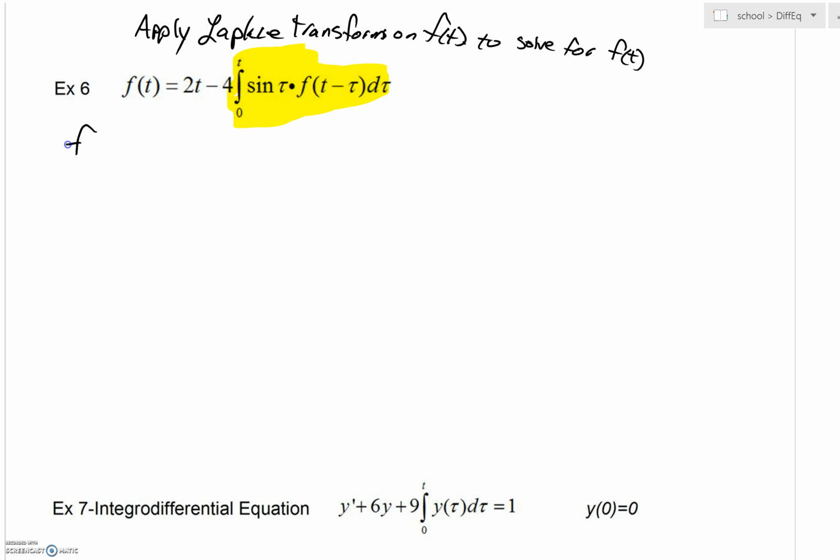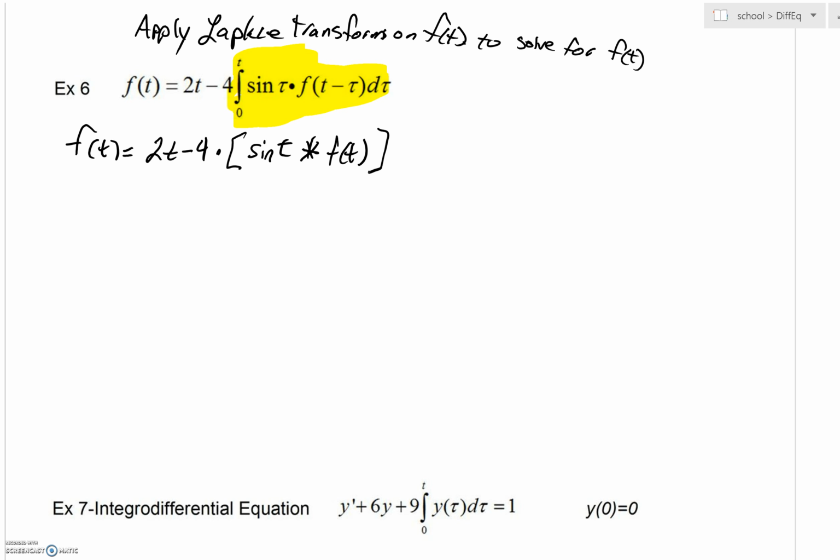We could say this is f of t minus 2t minus 4, and 4 times the sine of t convolution with f of t. We have it written out with respect to that dummy variable of tau.